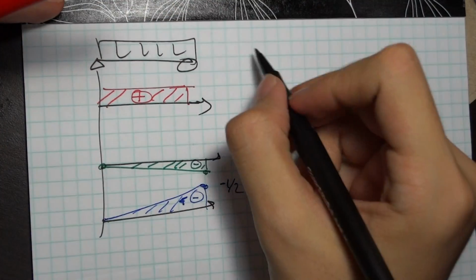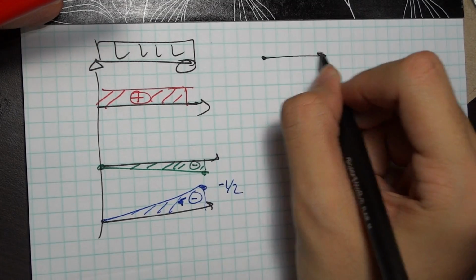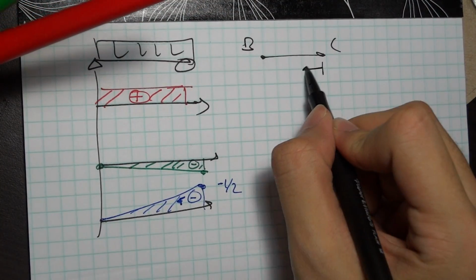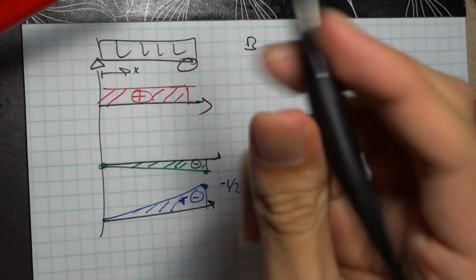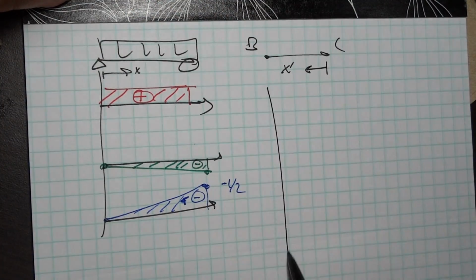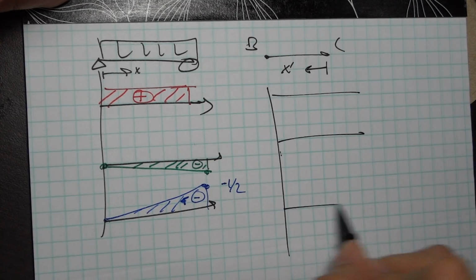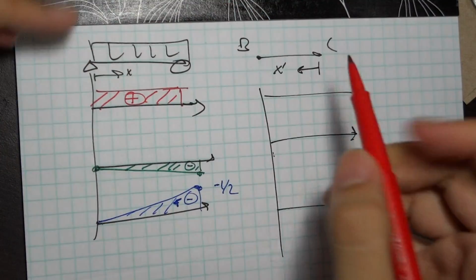Okay, and then you do the same thing over here for your other member, your BC. I'm going to draw it from here to here. Remember that we're going this way, like this, x. So when we draw this, your axial force in the top one is just 0.